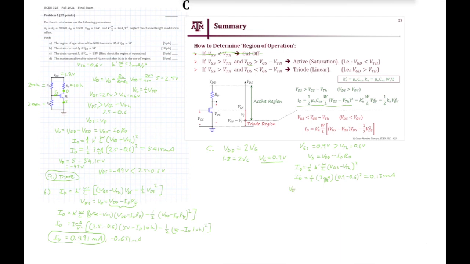So VD is equal to VDD, which in this case is 1.8 volts, minus our ID, which is 0.135 milliamps, times our RD value, which is 10 kiloohms.